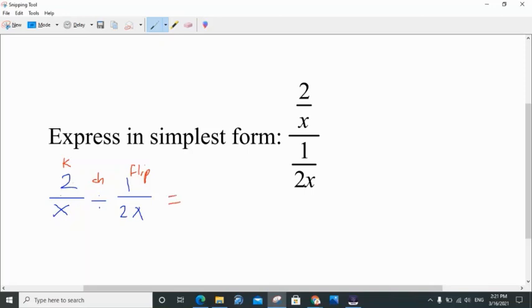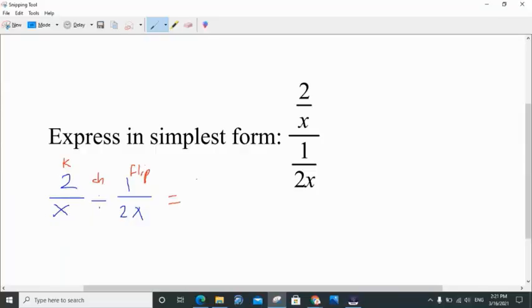So I am going to write the first rational expression as it is, 2 over x. Change means change divide to times. Flip means 1 over 2x will be 2x over 1.